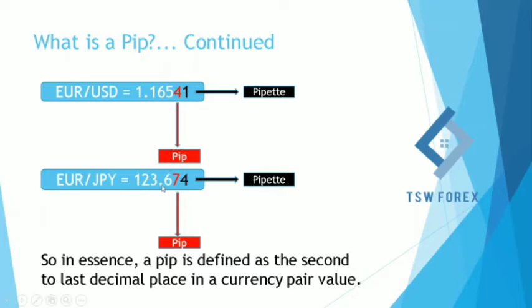In Euro JPY, instead of having 5 decimal places, we have 3 decimal places. Say, for example, we have the price 123.674. The pipet will be the last digit, and the pip will be the second to last digit, as you can see. So the 7 is the pip and the 4 is the pipet. So in essence, a pip is defined as the second to last digit decimal place in a currency pair value.